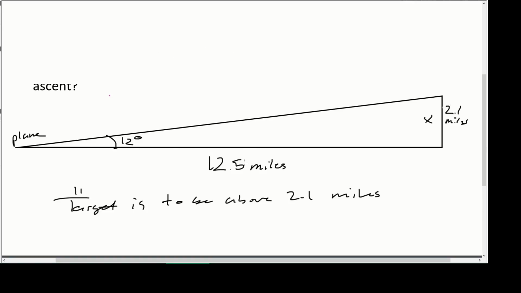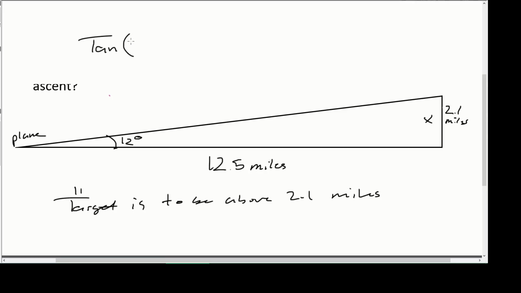So if I'm looking at this, I have my angle here, and I have the side that's opposite of it, and I do not have the hypotenuse, but I do have that the adjacent side is 12.5. So I know I'm going to want to use tangent.